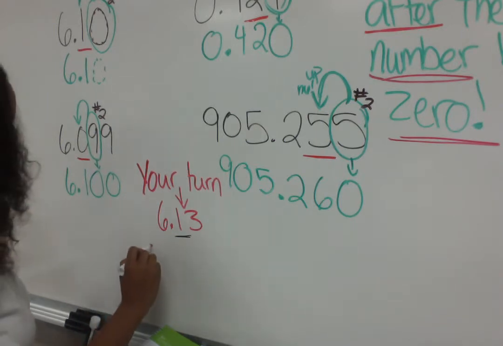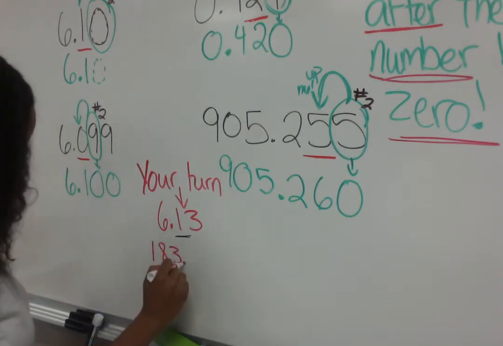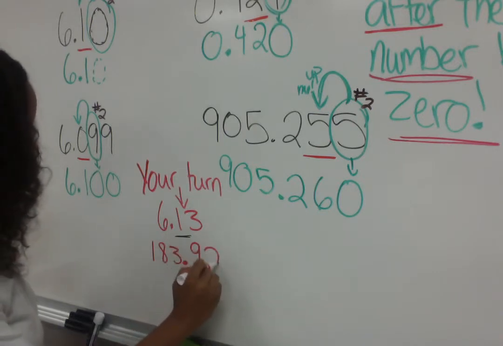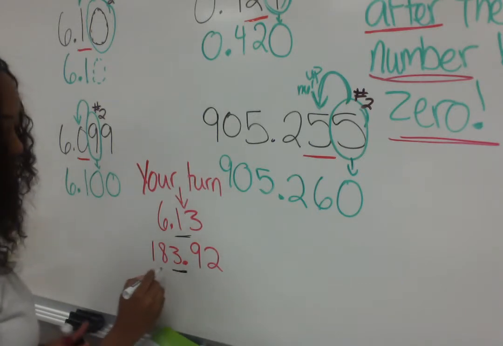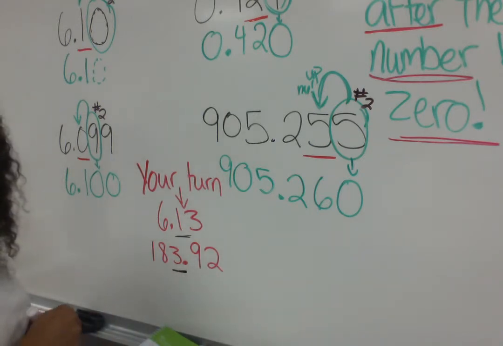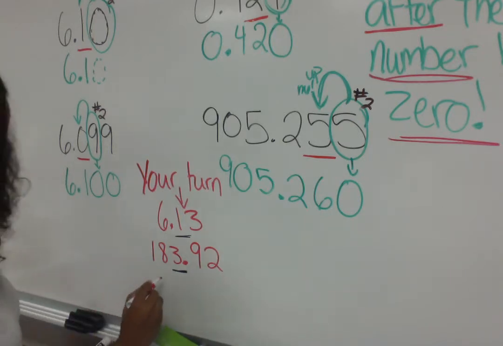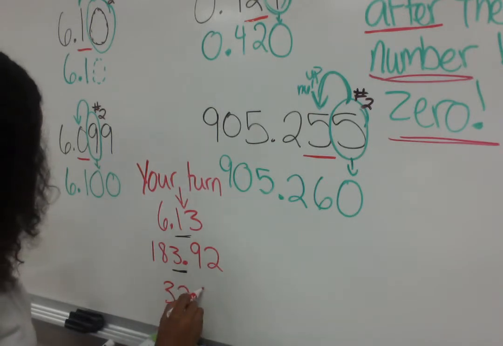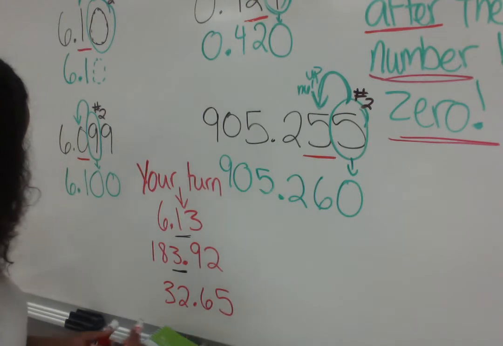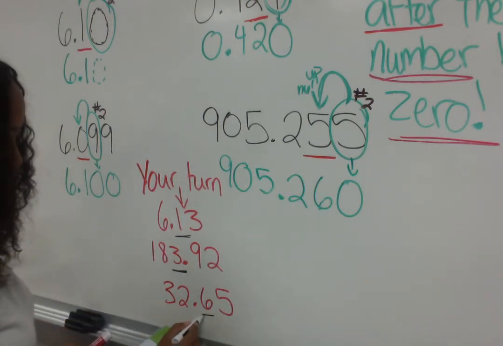Let's do 183 and 92 hundredths, the 3 is underlined. And your last one, 32 and 65 hundredths, the 6 is underlined.